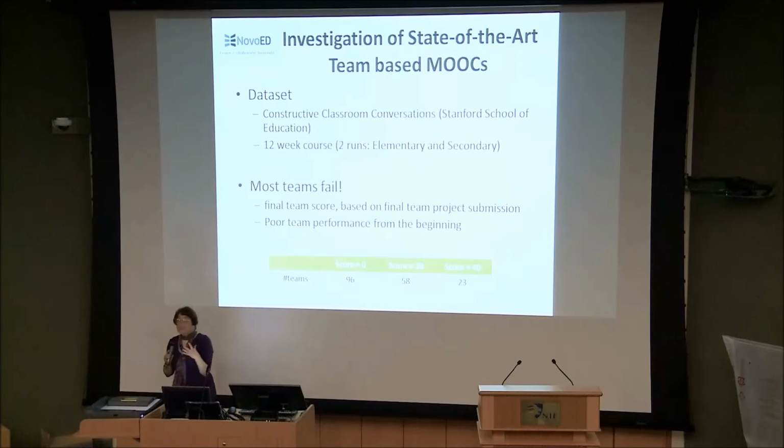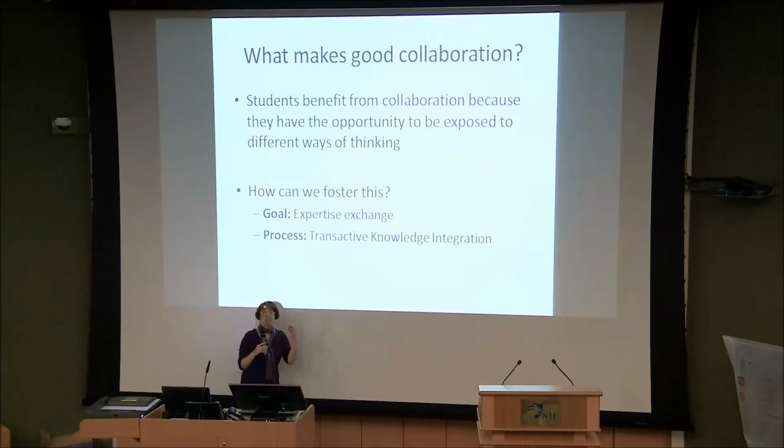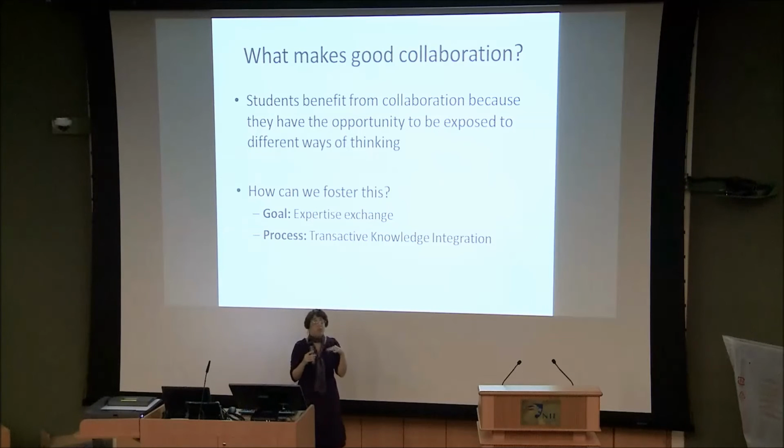And so we look to see, how can we support these teams better? What's going wrong? And again, we come back to the idea, what makes good collaboration? We want to see that intensive exchange of perspectives between students. And we weren't seeing good interactions within these teams.